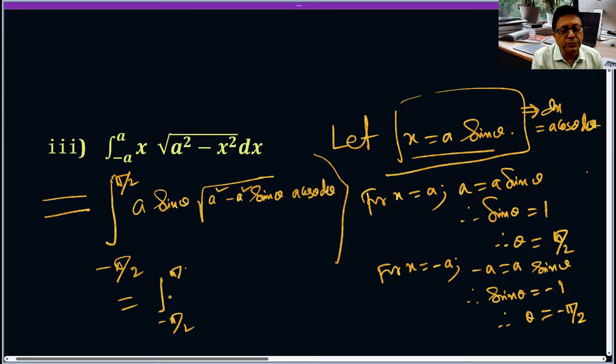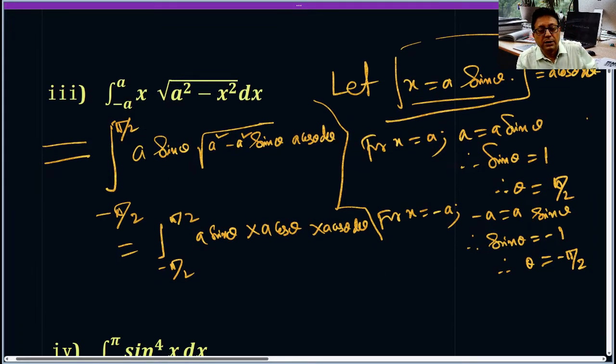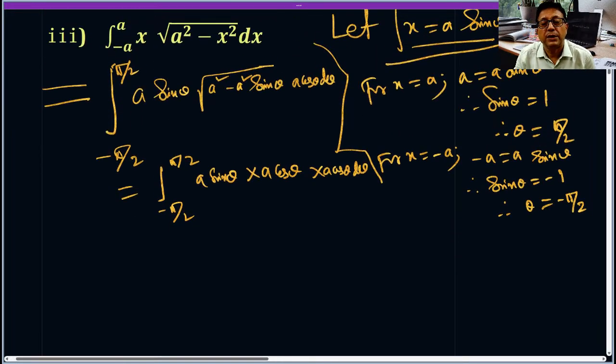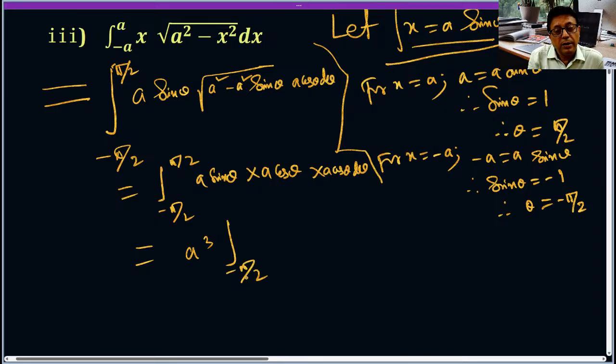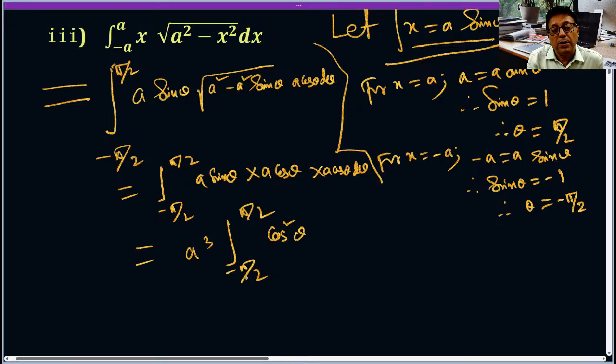So this is minus pi by 2 to pi by 2, a sin theta, a cos theta, isn't it? So this is changed to what? Take a cube outside: minus pi by 2 to pi by 2, cos square theta into sin theta.